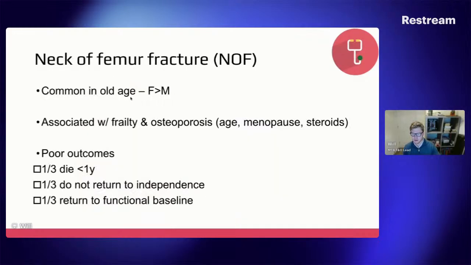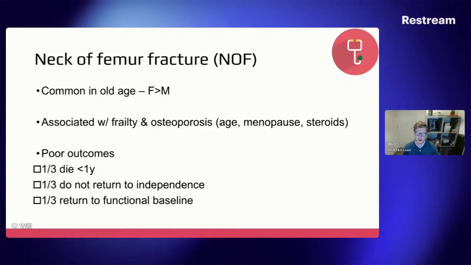So when we're looking more at neck of femur fractures, this is the bread and butter orthopedic hip knowledge, especially for the MLA. More common in old age, specifically more so in females than males. And that's mainly due to the fact that not only are neck of femur fractures associated with frailty, but they're also associated with osteoporosis.